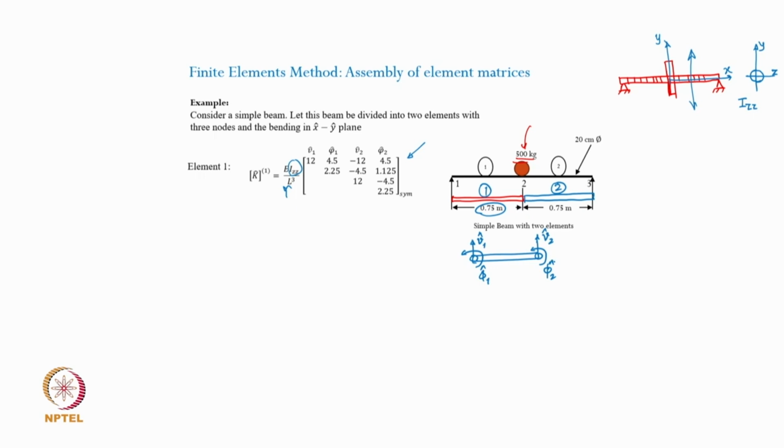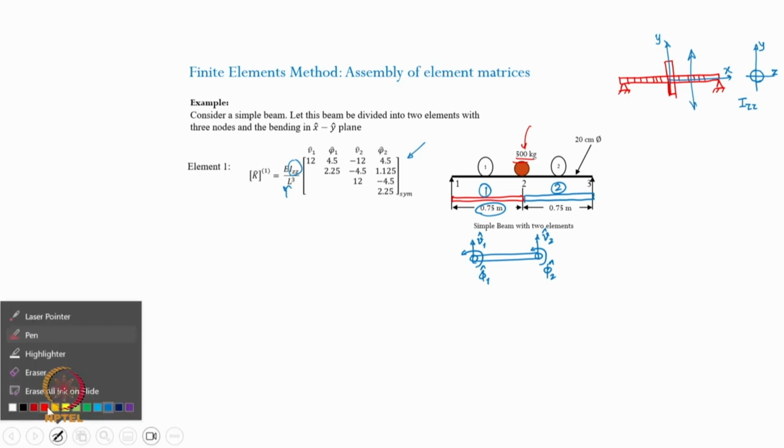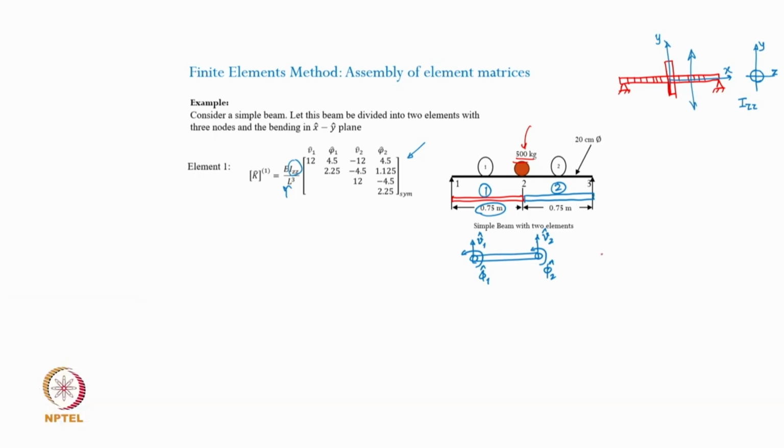Now, the second element is going to be similar to what we have as the first element, and its own degrees of freedom in its own local coordinate system will still be V 1 cap, phi 1 cap and V 2 cap and phi 2 cap, right.